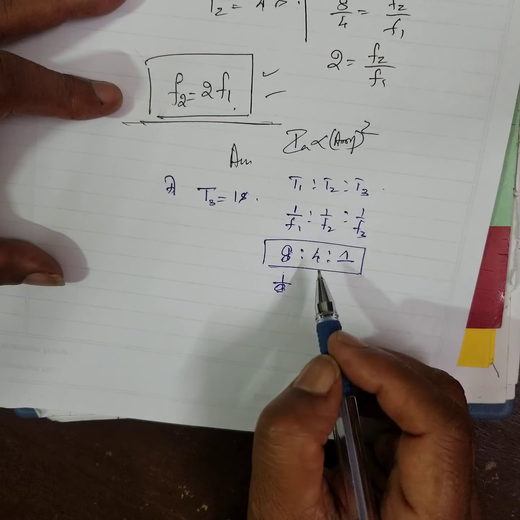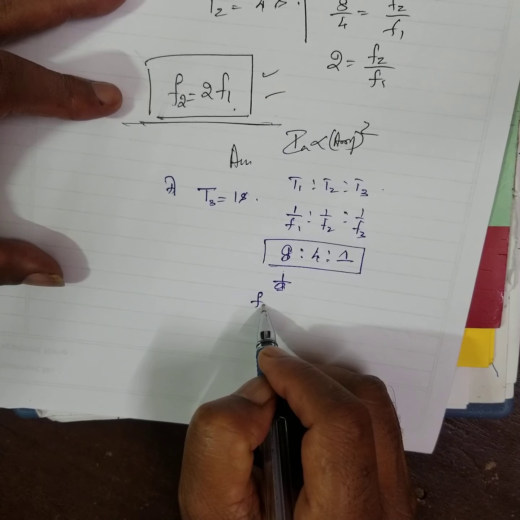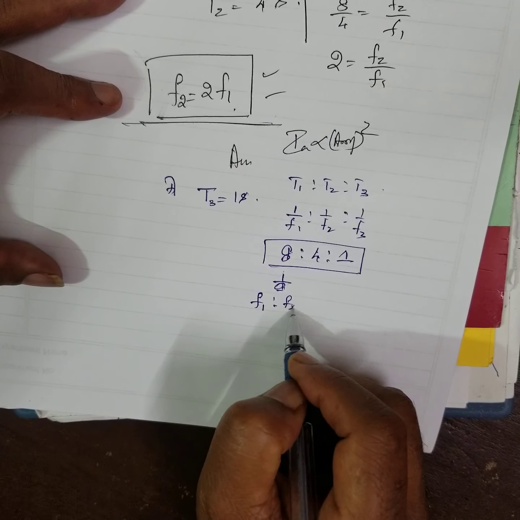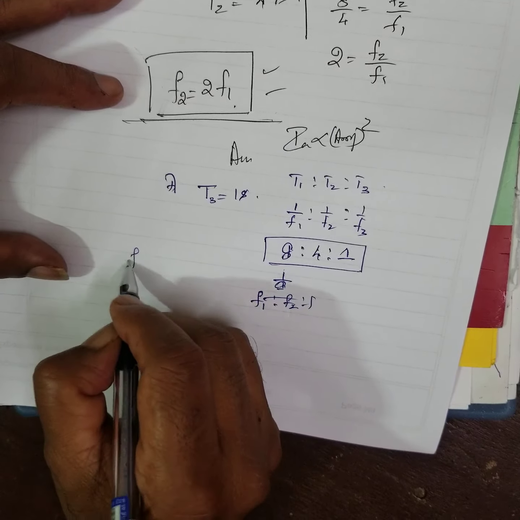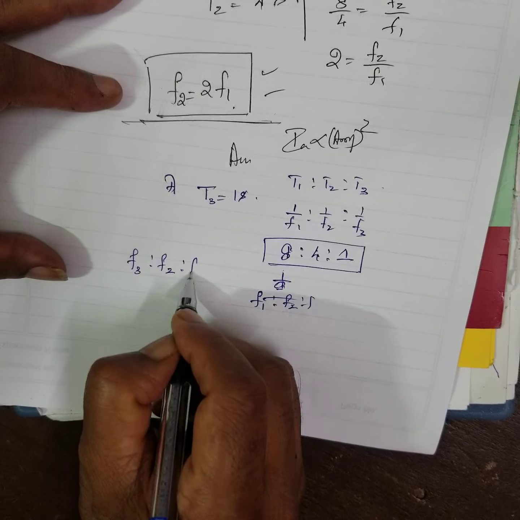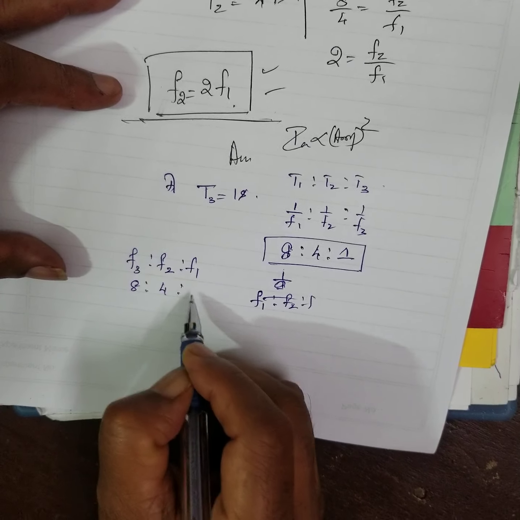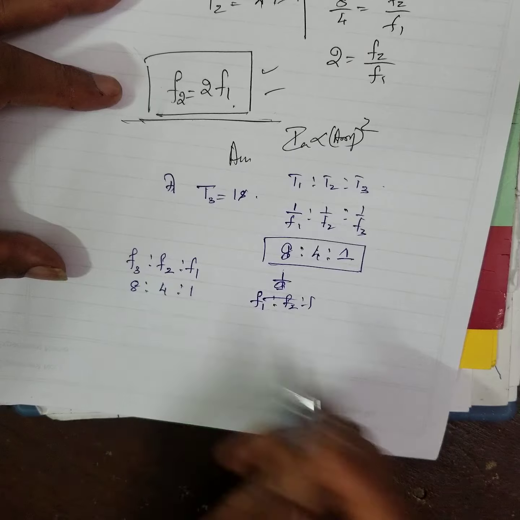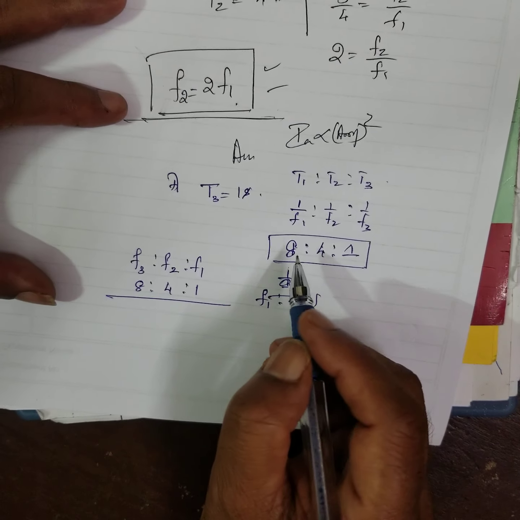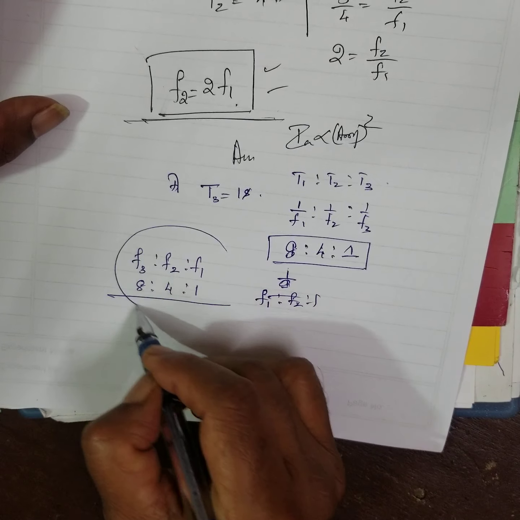Therefore, what is the ratio of frequencies? F3 is to F2 is to F1 is 8 is to 4 is to 1. Is it really correct?